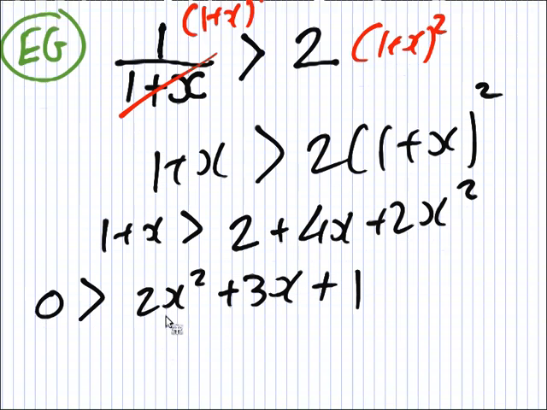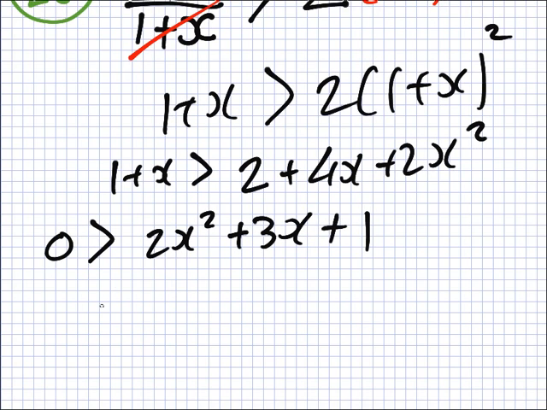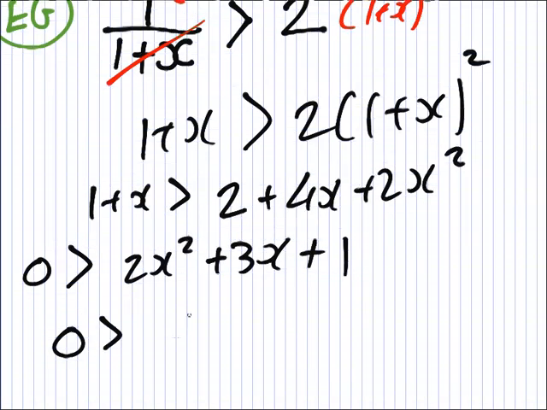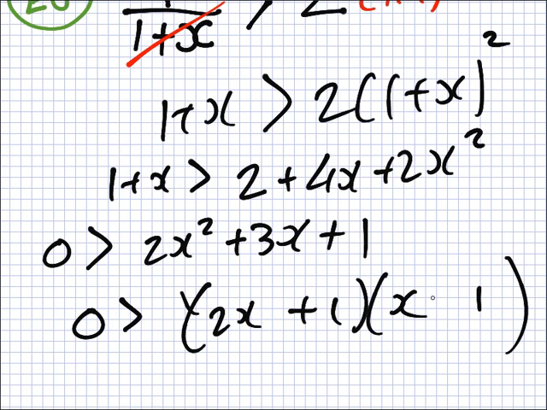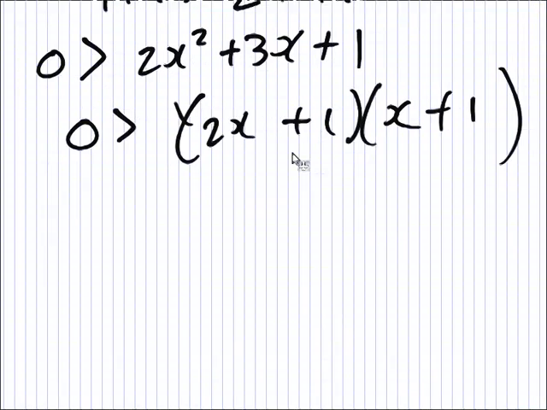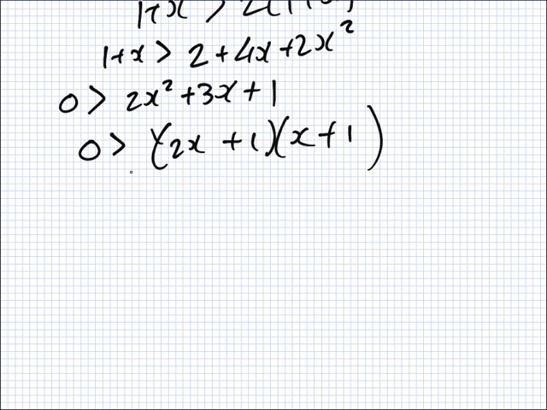Now, I don't know, does this have factors? It might. 2x, x, 1 and 1. I think it does actually. Yeah, it's 2 and 1, plus and plus. So if you draw this, it's minus 1 and minus a half.